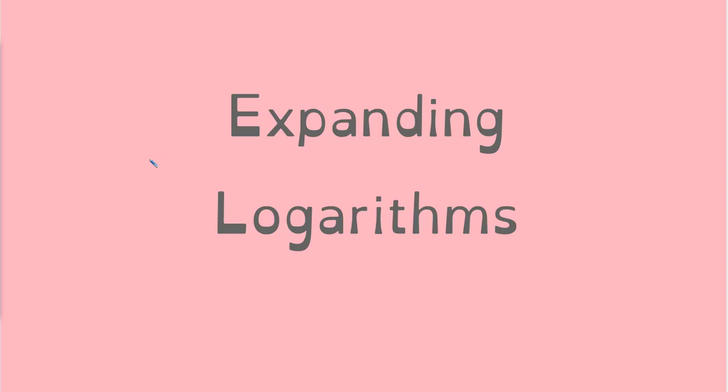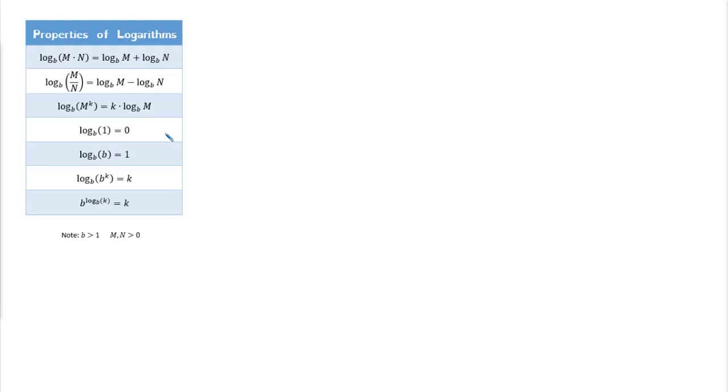This lesson, we're going to be expanding logarithms. We're going to be going from it all combined to it separated. So like if I had log base 3 of 15, that's the same thing as me saying log base 3 of 5 times 3, which is log base 3 of 5 plus log base 3 of 3.